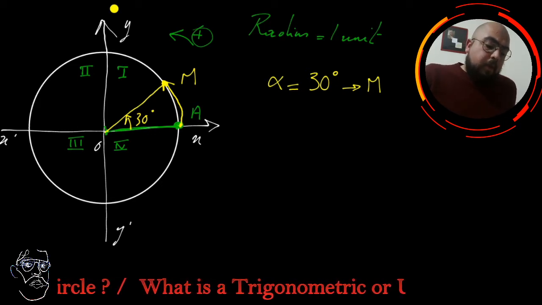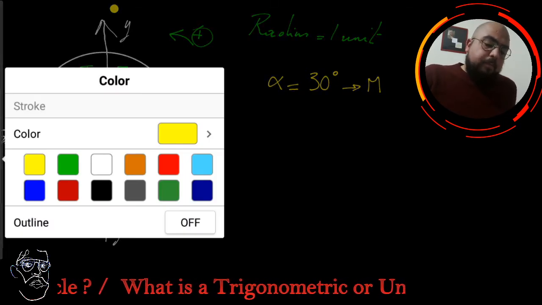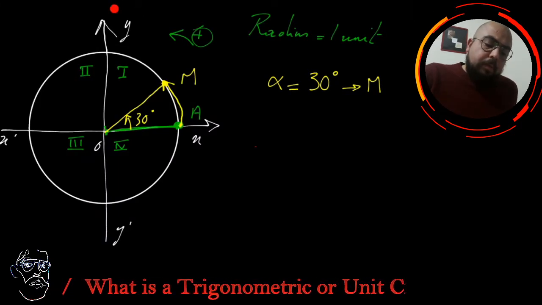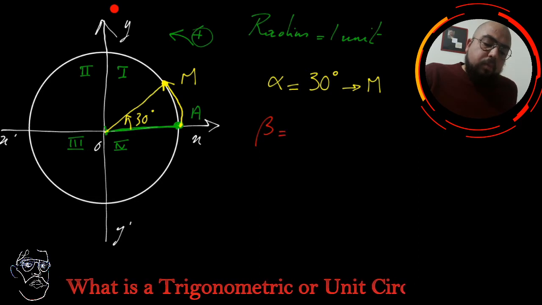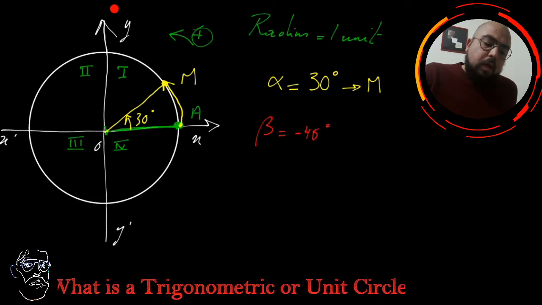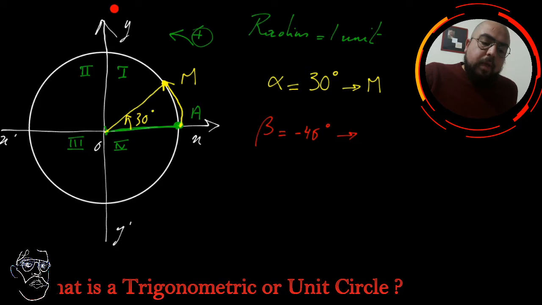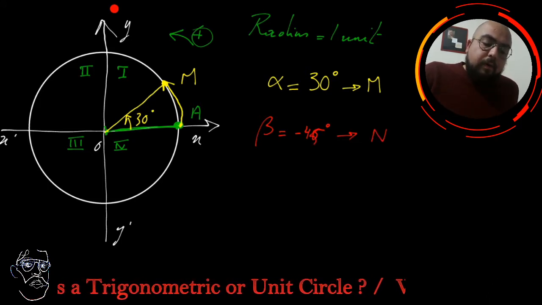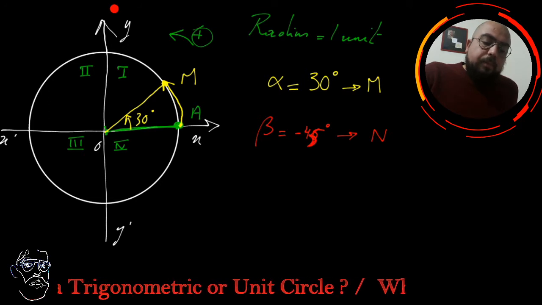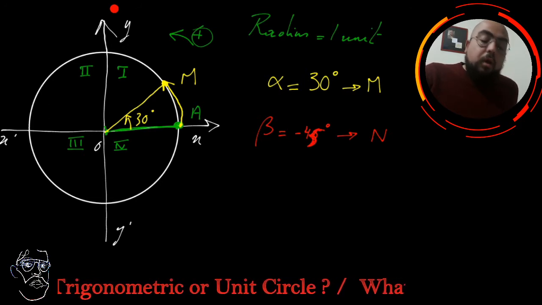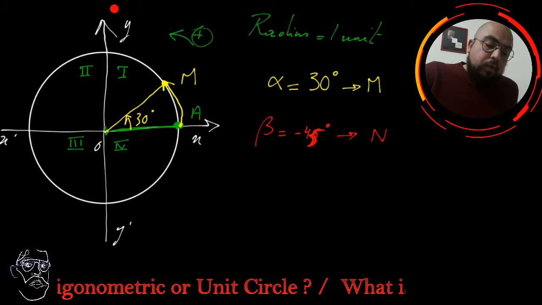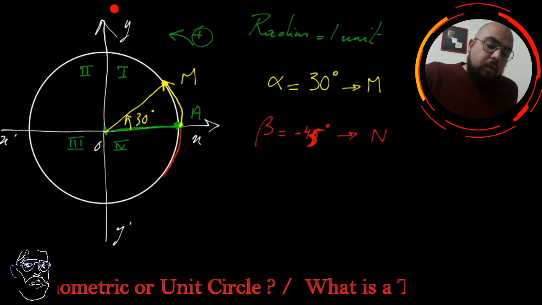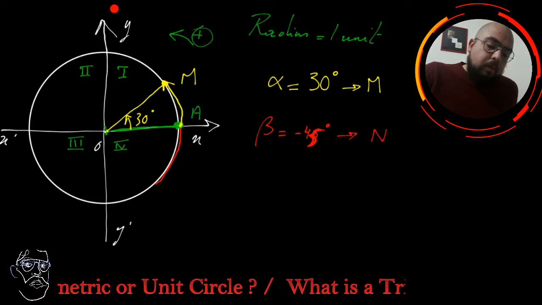Now let's say it was an angle of minus, I'm going to take the example beta is equal to minus 45 degrees, and this is the point N, let's say. Since it's minus 45, you will have to go clockwise, so it will be the opposite orientation of the conventional direction.